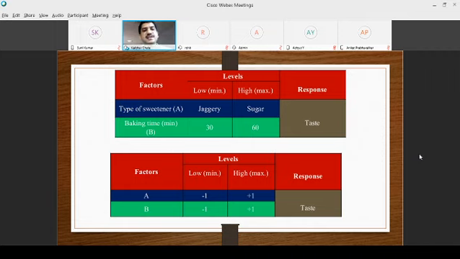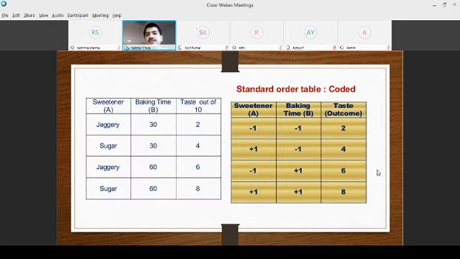Similarly, she has selected a minimum baking time of 30 minutes and a maximum of 60 minutes. We have incorporated this in the coded form. We called jaggery -1 and sugar +1. Similarly, for baking time we have taken -1 and +1. We incorporated these coded values in the standard order.